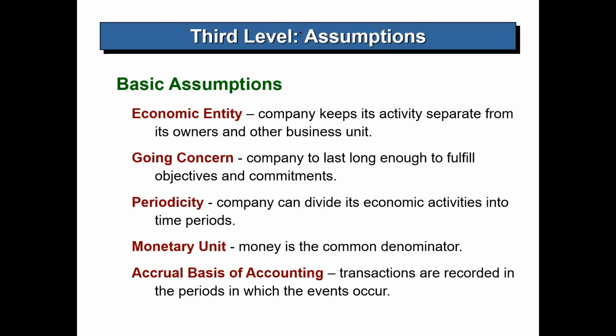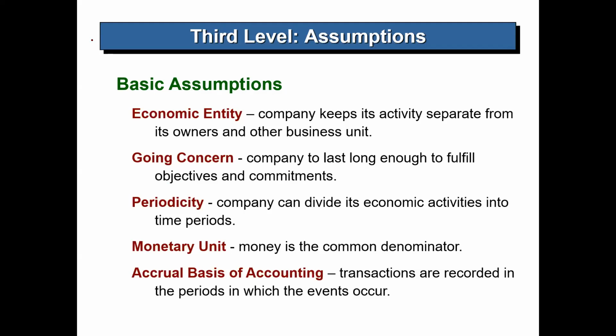The second assumption is the going concern: the company will last long enough to fulfill objectives and commitments. The main objective of the company is to achieve profits. As long as the company is achieving profit, the company will last forever unless it faces something that will prevent its existence, like recurring losses.